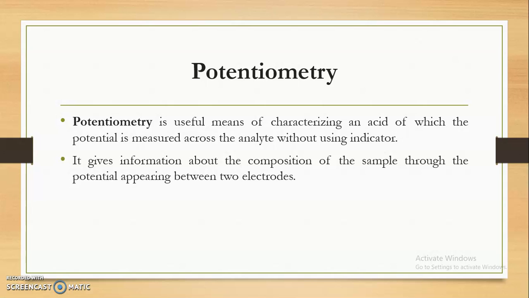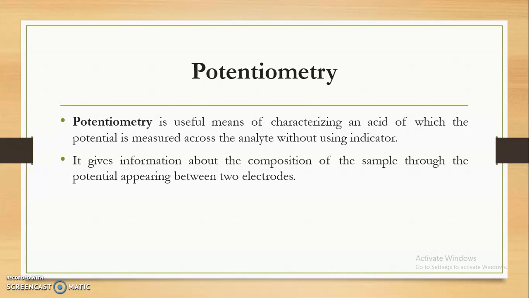In potentiometry, we use different electrodes dipped in the sample solution, and depending upon the ions present, they will show different potential. By using this change in potential, we can identify whether the reaction is complete or not.